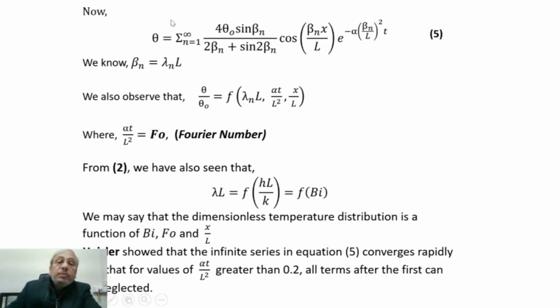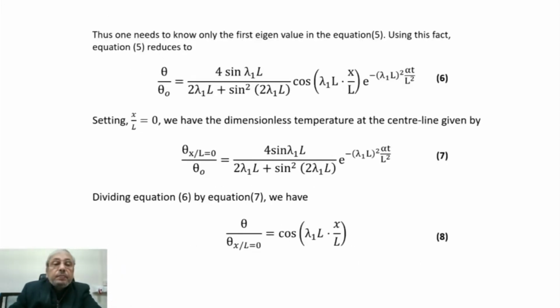So this is a convergent series, and for alpha t by L square, that means Fourier number, greater than 0.2, all terms after the first term, that means lambda 1 L, can be dropped. There is no change. So one needs to know only the first eigenvalue of equation 5.